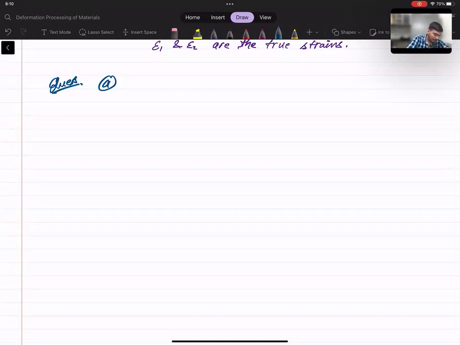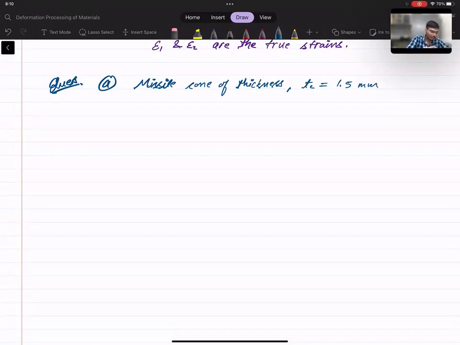Okay, so we have a missile cone of thickness equal to 1.5 mm. Okay, so say this cone thickness is 1.5 mm. This is given to us.